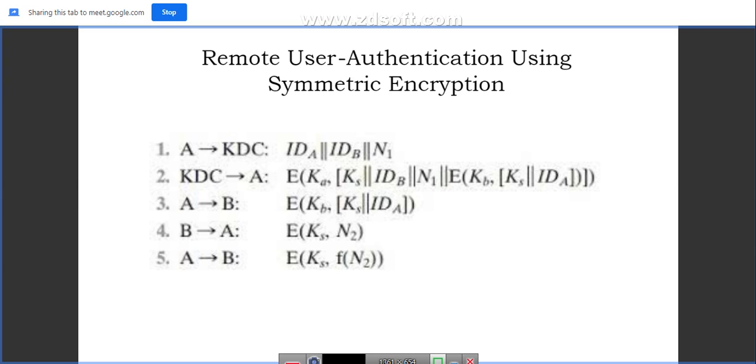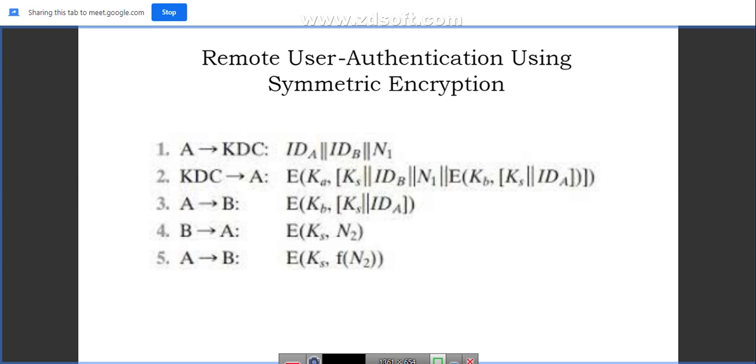Okay, so that's why we call this process remote user authentication using symmetric encryption. Okay, what is remote user authentication? Here A and B were the remote users, and both remote users were proving their identity as a part of authentication using symmetric encryption. Now, what is symmetric encryption? Using the session key KS.